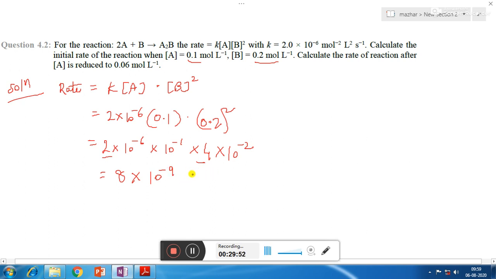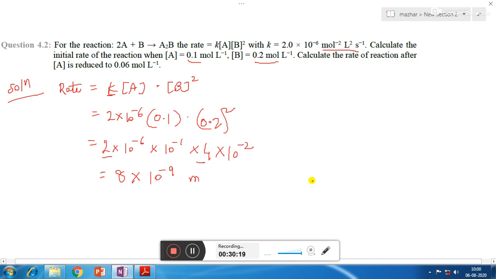and the unit of rate is, whatever is the unit of K, same is the unit of rate. But the unit of rate is always fixed. Here you will see what is the unit of K. So that is mole raised to minus 2 liter square second inverse.